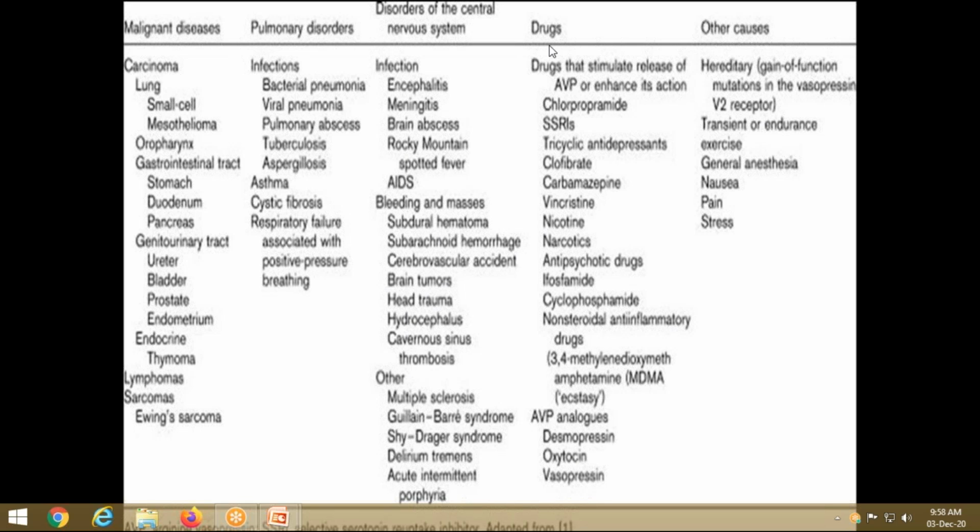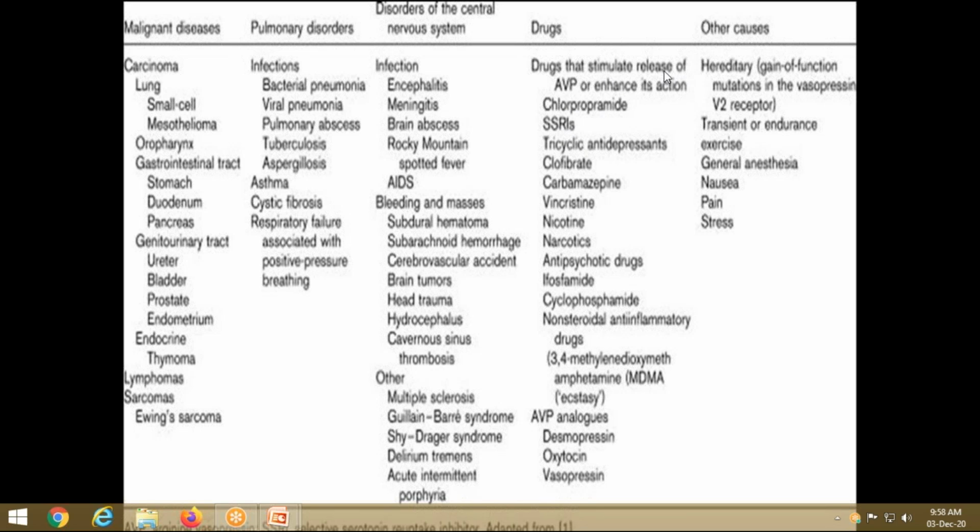Next, drugs. We have to exclude the drugs other than the diuretics. One of the most common drugs which cause it are antipsychotic drugs like SSRIs and TCAs. These are the main drugs we use for psychiatric patients, right? But one of the major side effects is SIADH.